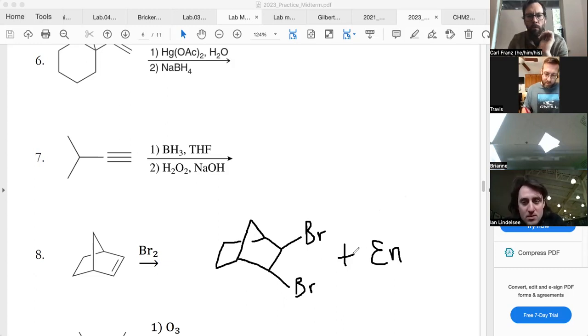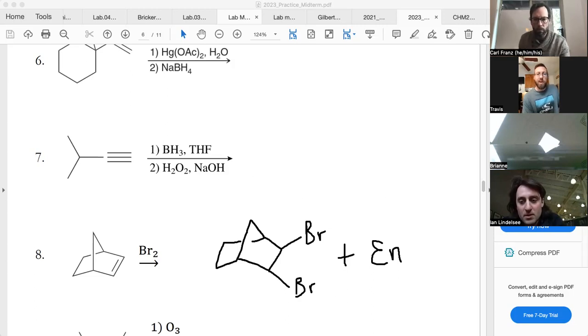And there's no platinum here, so it's not going to be a syn addition, but keep in mind that if we want a specific type of stereochemistry, then it gets more complicated, right? We can add more things to it to make it a cis.